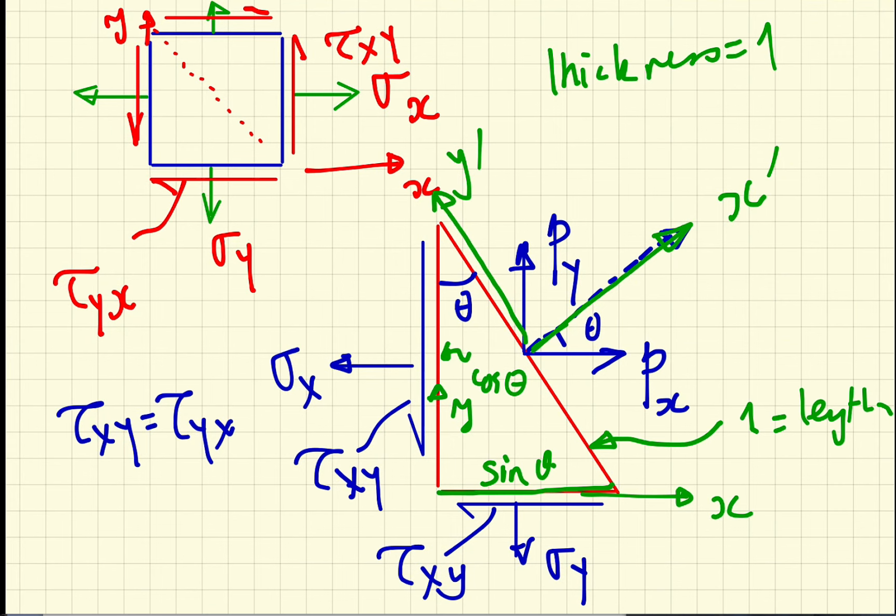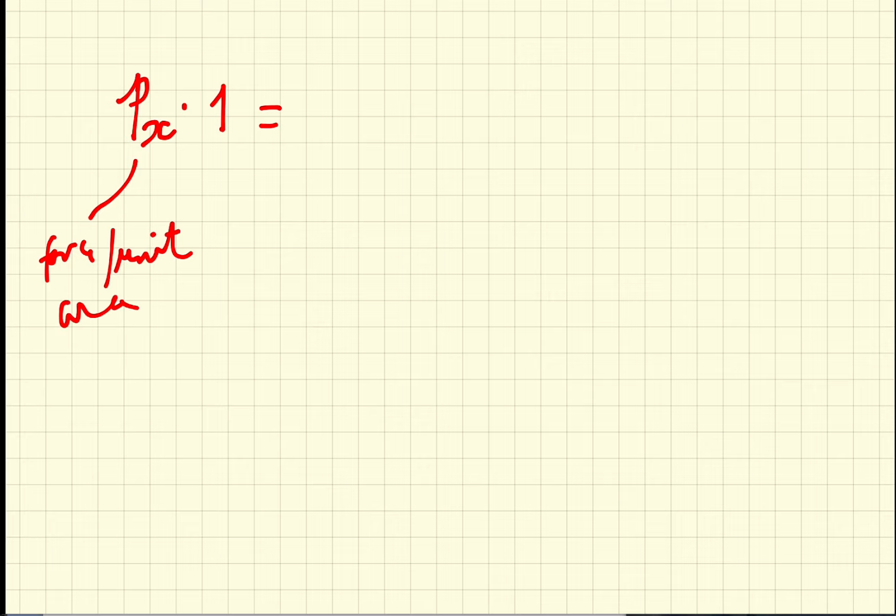So let's take that into account, and now we write the equilibrium equation in the x direction. We can write it in this fashion. p x times 1, because this is traction, meaning the force per unit area along the x direction.